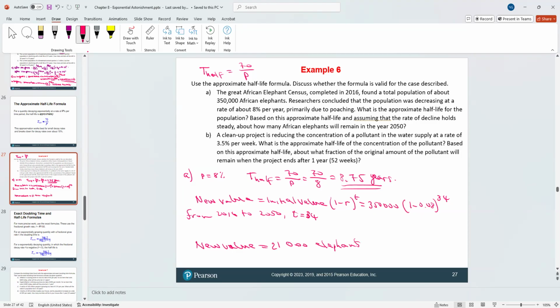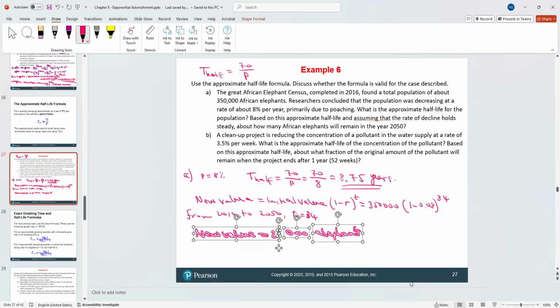Okay, so if you want to use the half-life formula instead, let's see how many you would have. Using this formula, you have only 21,000.